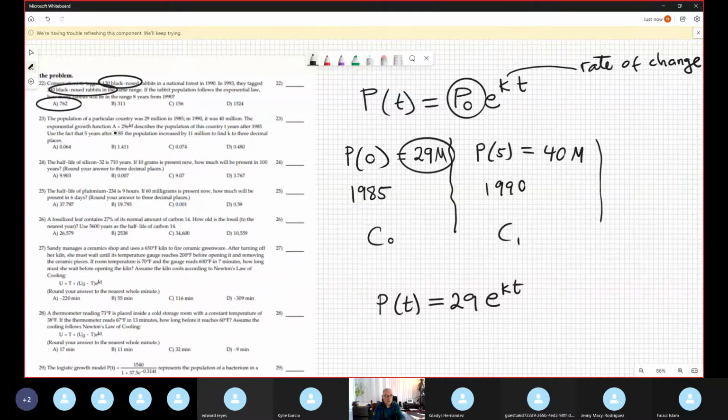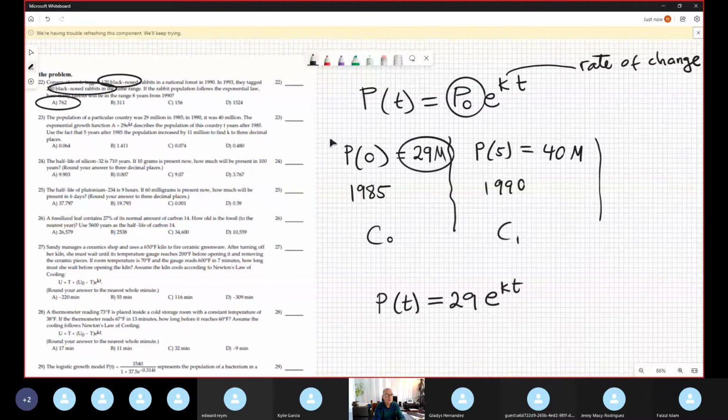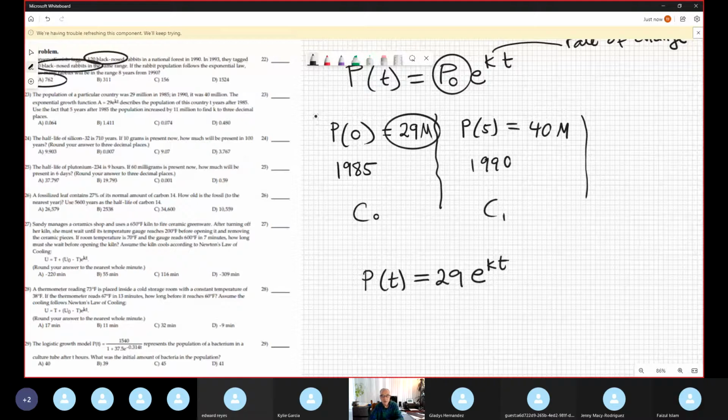Because the initial value, right? This describes the population of the country at t years after 1985. Using the fact that 5 years after 1985, in 1990, the population is 40.